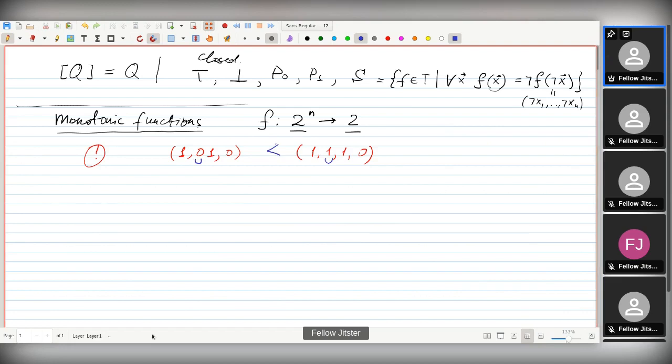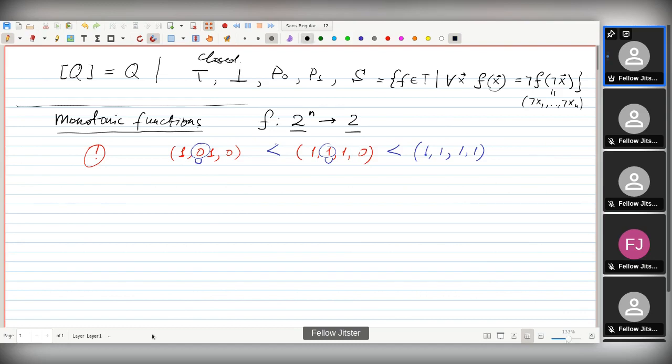Why is it greater? Because it has a greater coordinate at one of the positions, where all the other positions are in fact equal. Of course, if we replace all zeros with ones, we will obtain an even greater tuple.